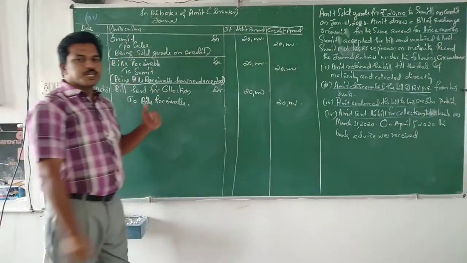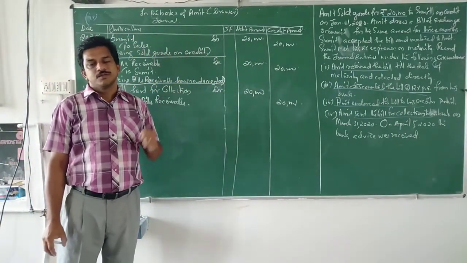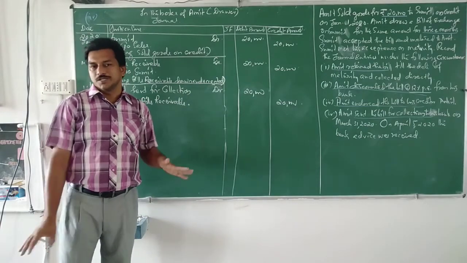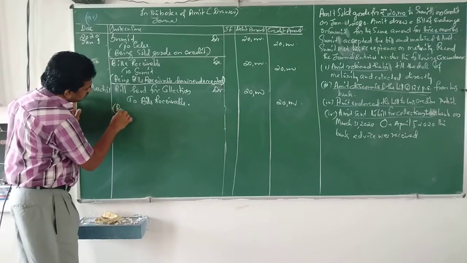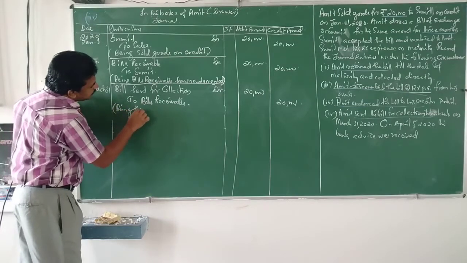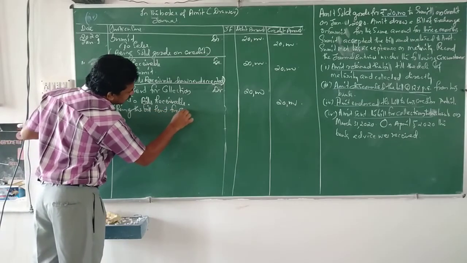What will be the journal entry at this time in the books of drawee? Yes, no journal entry. Okay, so here narration being the bill sent for collection.